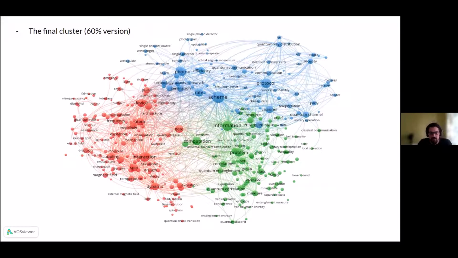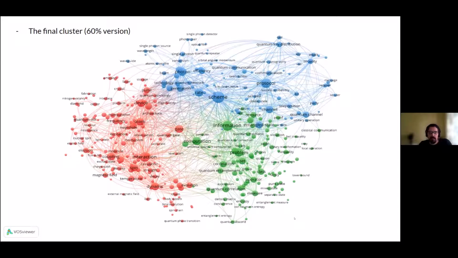As we analyzed it, the red cluster is more related to the physical implementation of these systems, or these approaches. The blue cluster is more on quantum communication, quantum cryptography, and single photon sources, single photon related research. And the green cluster is more on computation and theory.